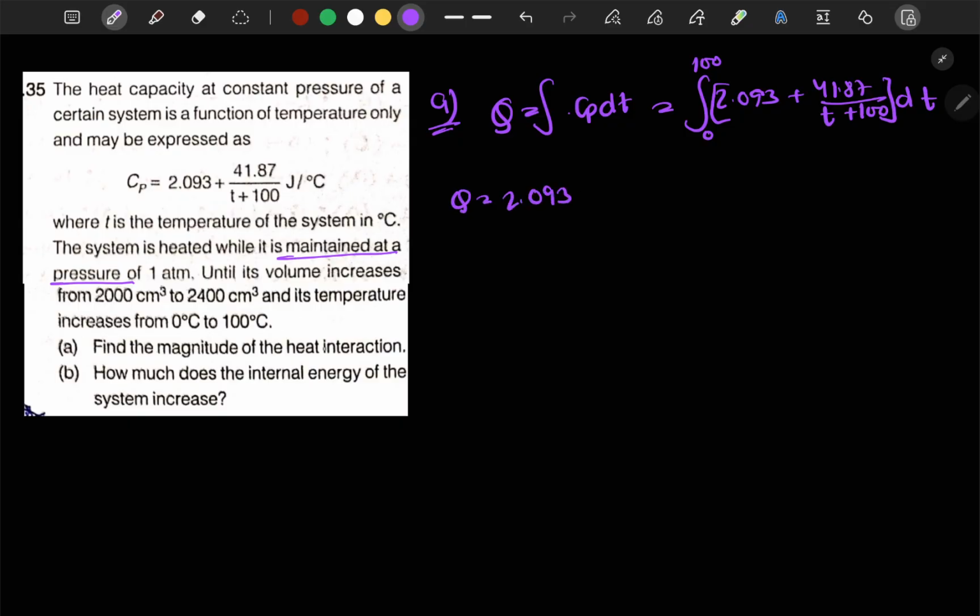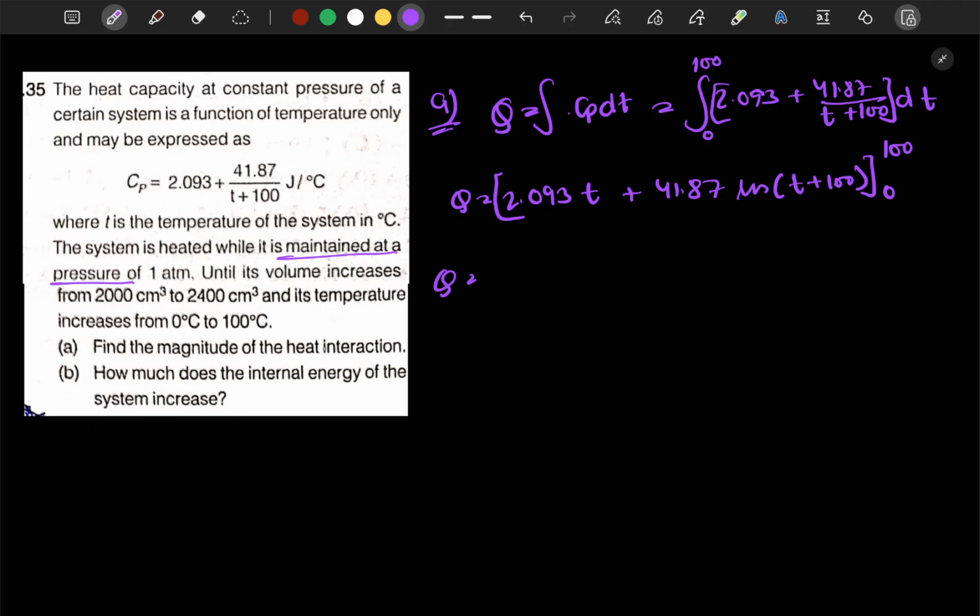Now we can write q is equal to 2.093 into T plus 41.87 times the integration of 1 by T plus 100, which gives ln of T plus 100. Now we have a lower limit of 0 and an upper limit of 100. After substituting values, we can calculate the heat transfer value.